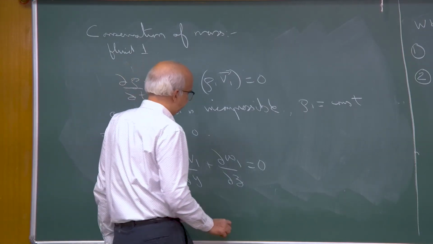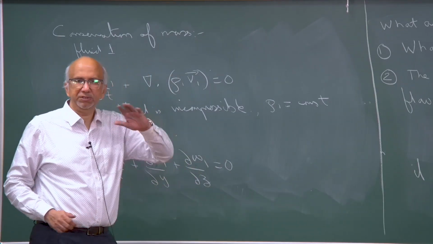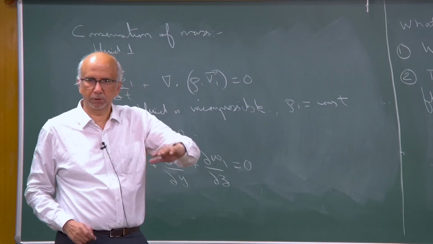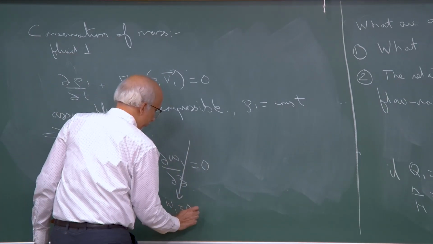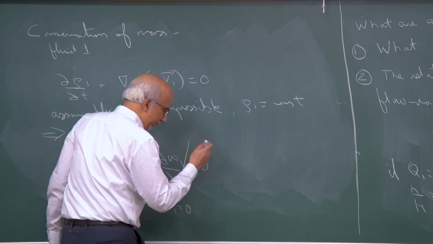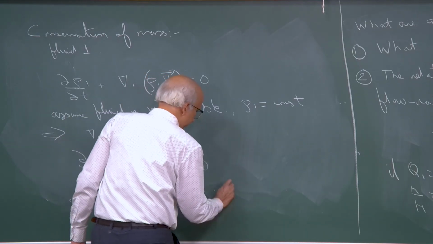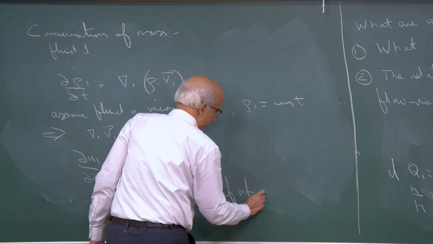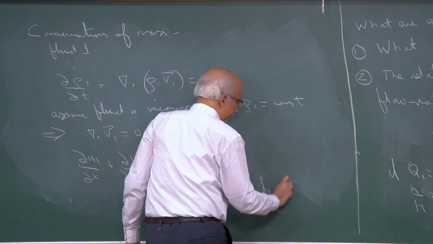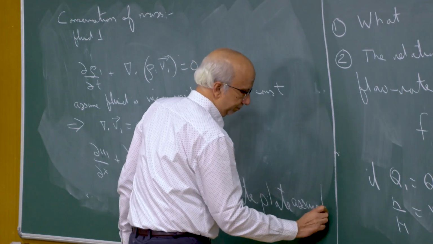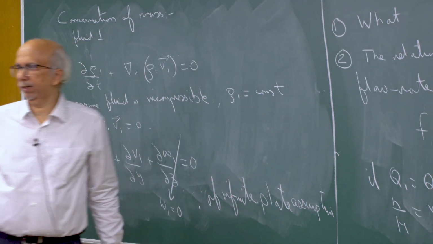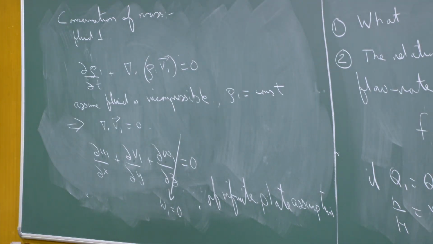Now, because of this infinite plate assumption, I have W1 equal to 0 and dou W1 by dou Z equal to 0. We are also focusing only on the fully developed portion.